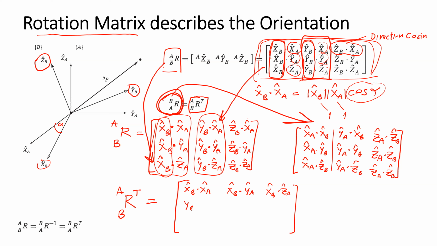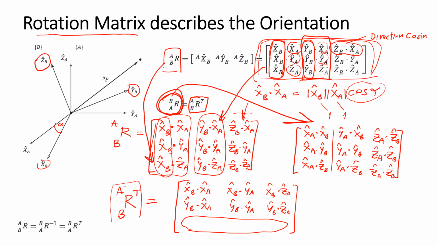We have yb dot xa, yb dot ya, and yb dot za. You will do the last column by yourself, transforming it to the row. This is the rotational matrix of B with respect to A, transposed, and this is the rotational matrix of A with respect to B.